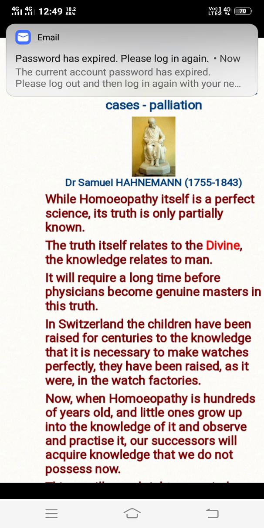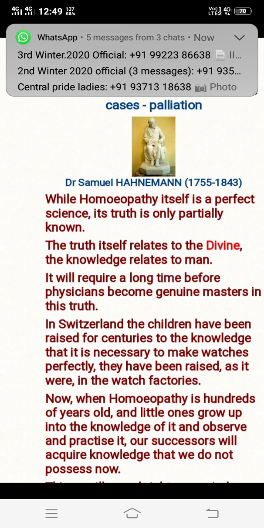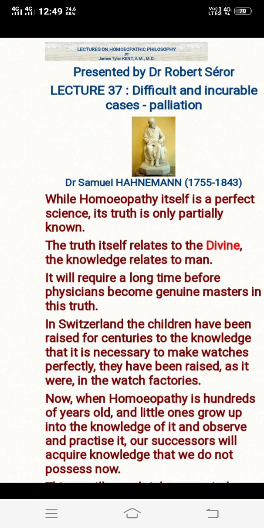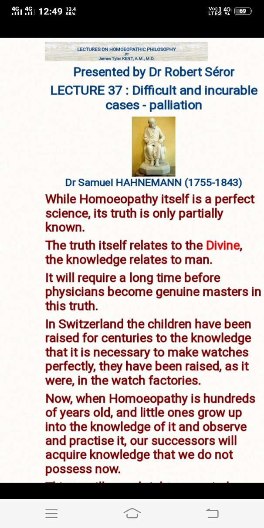Due to these deep pathological or gross changes, the vital principle becomes so weak, and so a permanent cure is not possible. So in these incurable cases, there is only palliation of superficial symptoms, and that will help the patient to some degree.